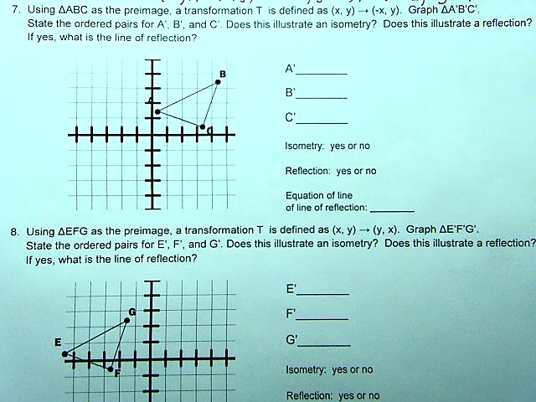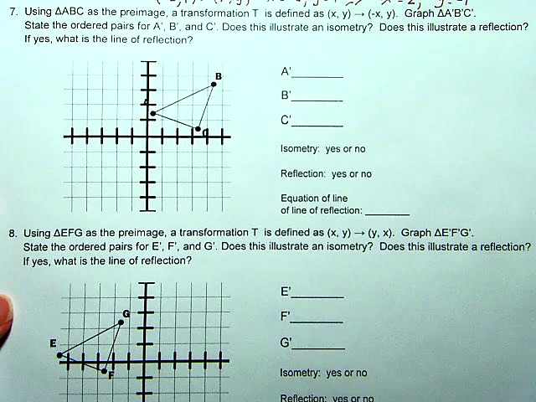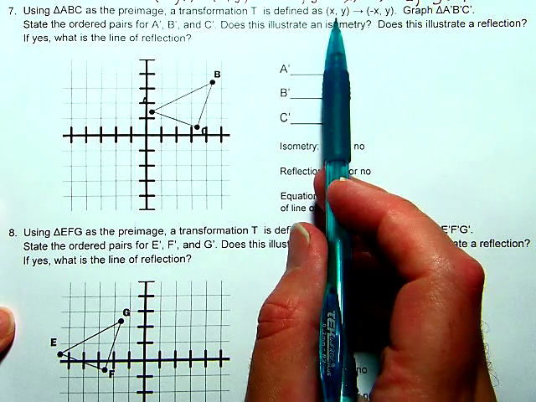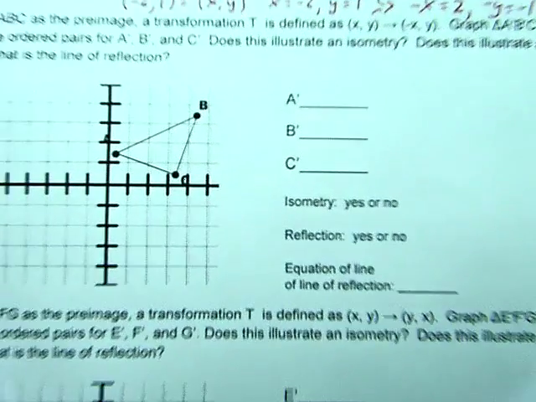In the next two problems, we're being asked to transform a triangle using this kind of a mapping. So let's look at problem 7.